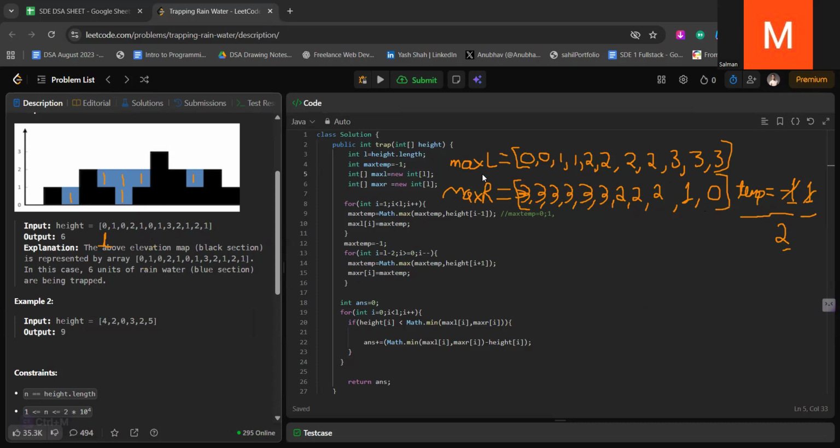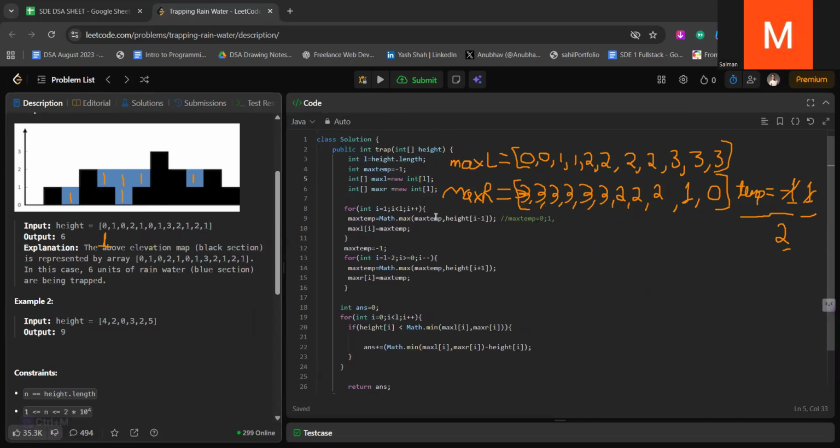So since this was a dry run, now let me show you what I did in the code. This is the code for I equals to 1. I started from the first element, not the zeroth, because the zeroth element had nothing on the left side of it. Therefore, the maximum of the left side of the zeroth element will be 0.